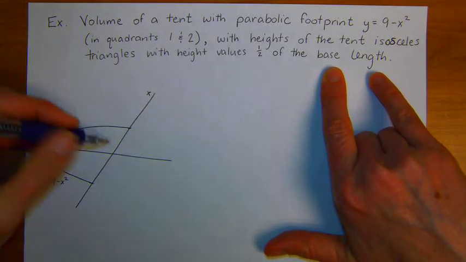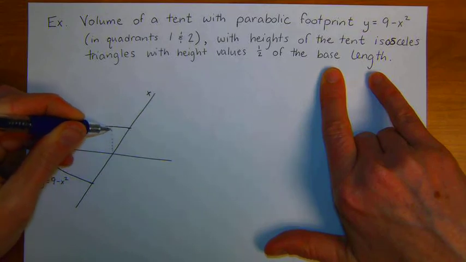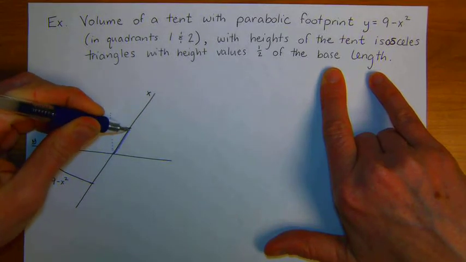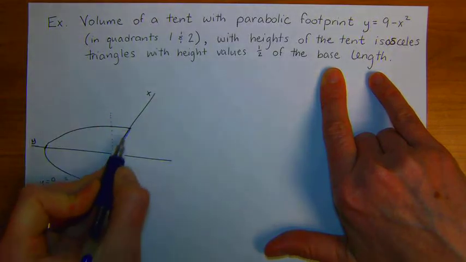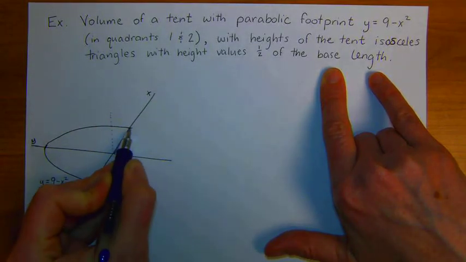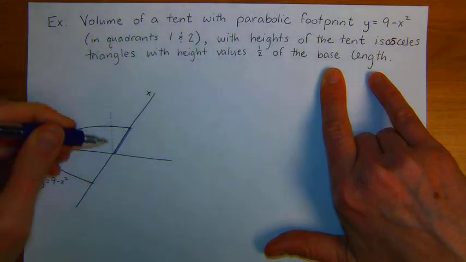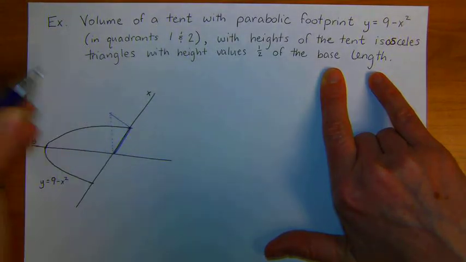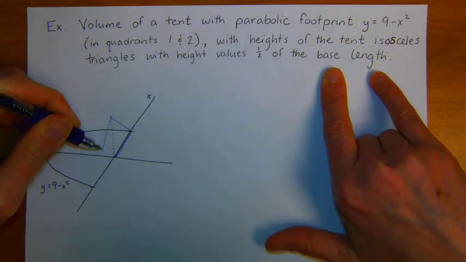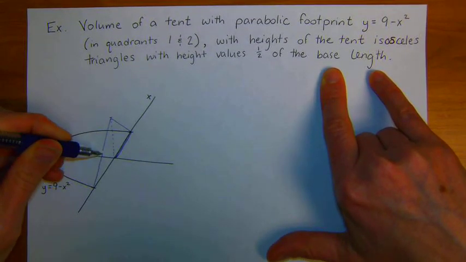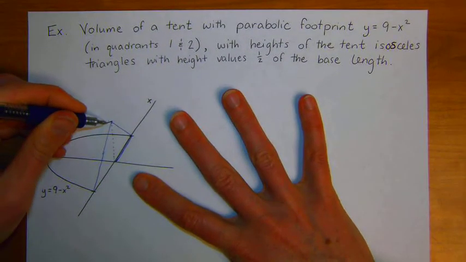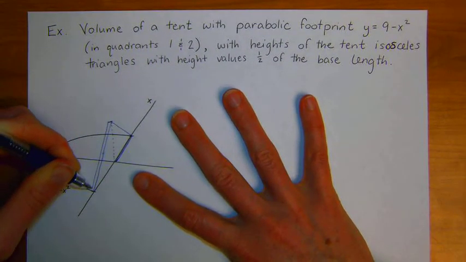So I'm going to draw a picture of my interpretation of this. The base length is this length down here, which in this case is exactly x. My x quantity is right here, and that's going to be what the height is at any given point. So my tent is going to look something like this. It's going to be built out of these triangular regions.